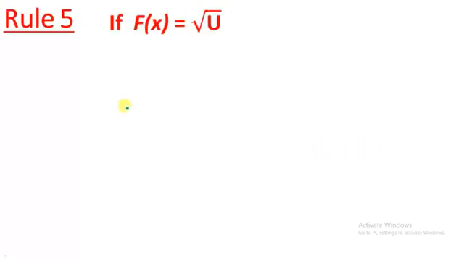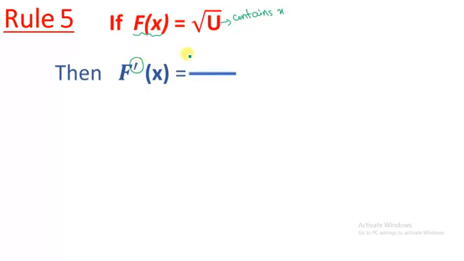Now we will go to rule 5. It is a new rule for you. If I have the function f of x equals radical u, that means under the radical we have a function. U is a function. What is the derivative in this case? The derivative f prime of x equals the derivative of the function under the radical.